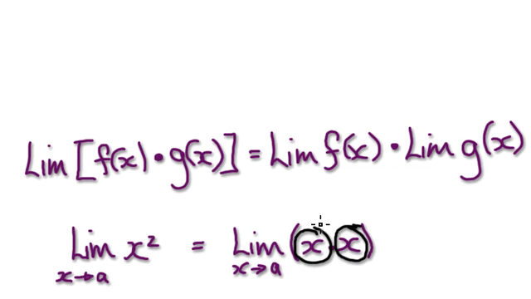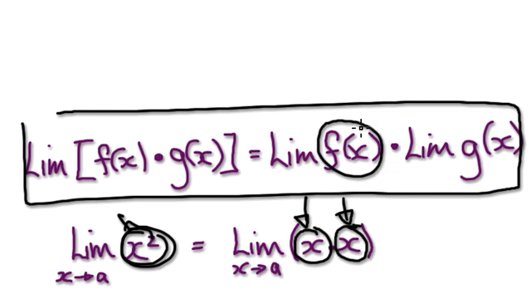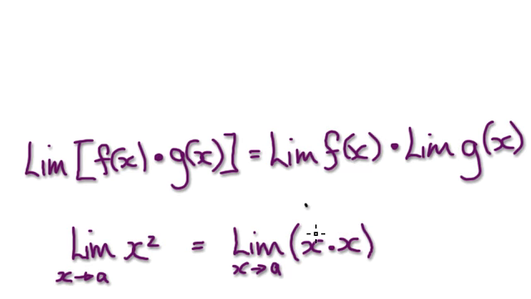So this here is one function, and this here is another function which happens to be the same. I'm just using this law. I can visualize this as x times x. So rather than finding x squared, I could just find the limit of x and then the limit of x.